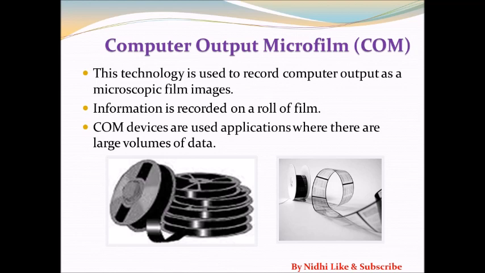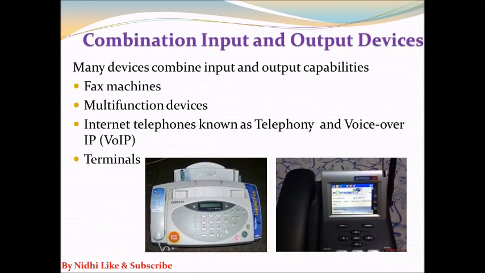Fax machine full form is facsimile machine. And multifunctional devices, internet telephones known as telephony or voice over internet, are also used as input output devices. That is, input is we are dialing the numbers, and output is we are getting the voice as a result. Terminals, we can input; some screens are also known as terminals.